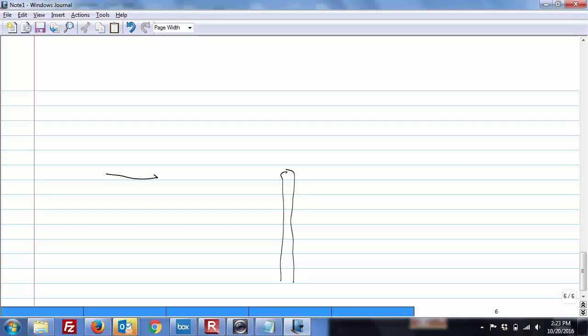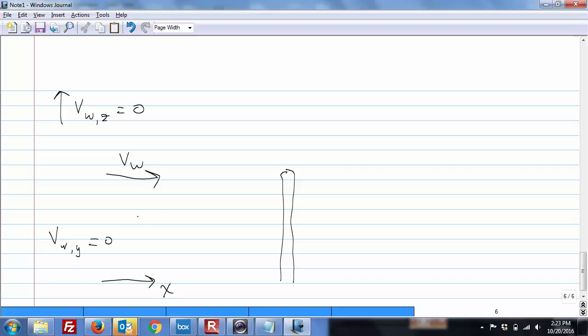So this is the velocity of the wind, and let's just say the velocity of the wind in the z direction equals 0. The wind is not blowing up. Let's let this be the x direction. The velocity of the wind in the y direction also equals 0.